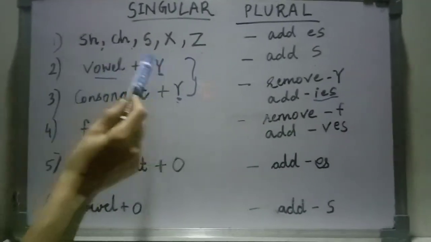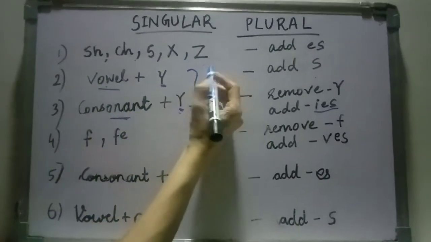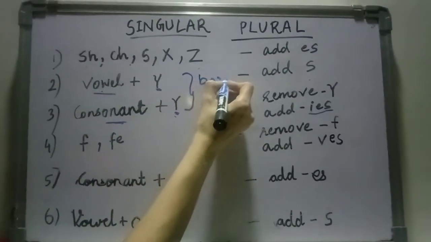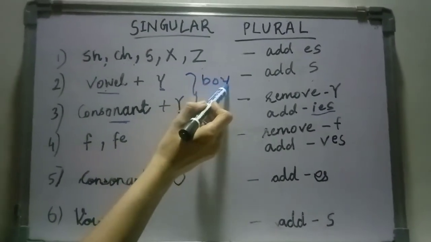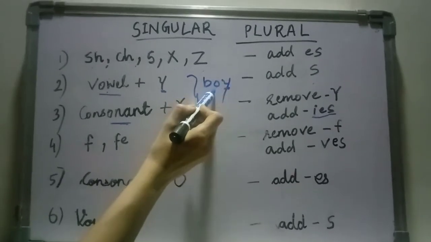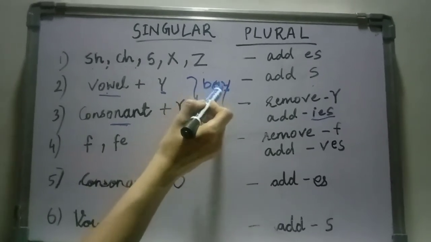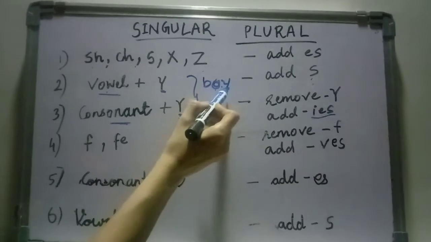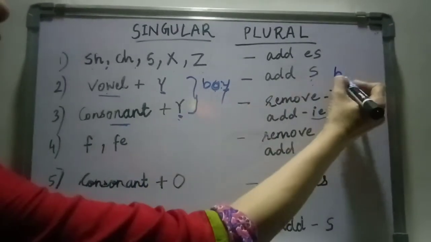Again, I'll repeat. If it is vowel plus Y, for example, boy, it is ending with Y and before Y, it is a vowel. So you just add S to boy. It becomes boys.